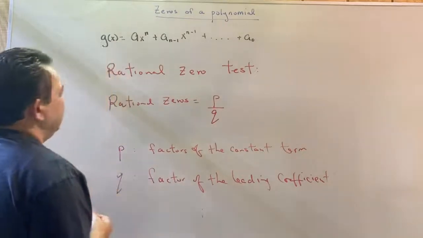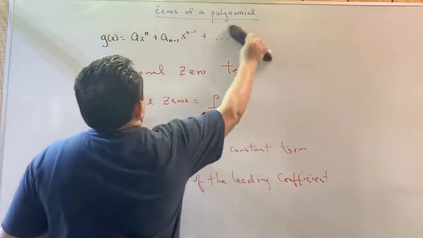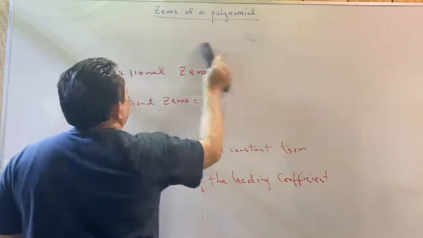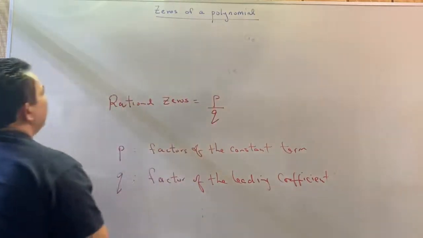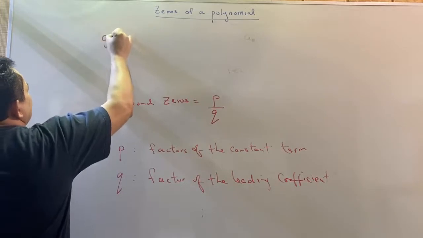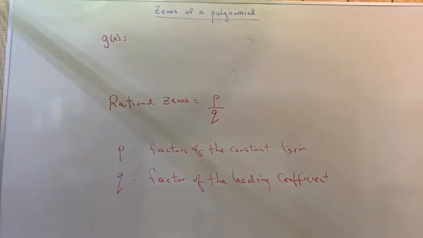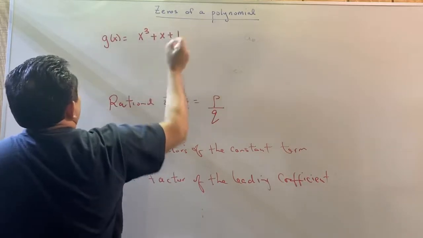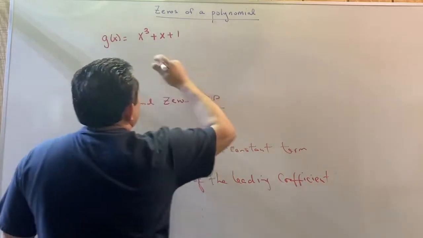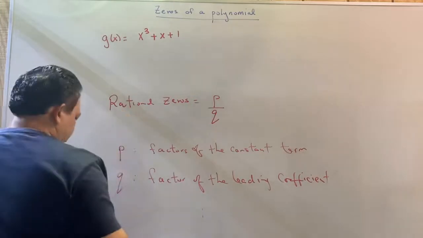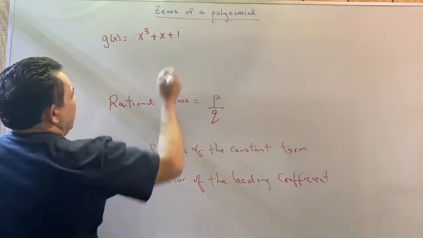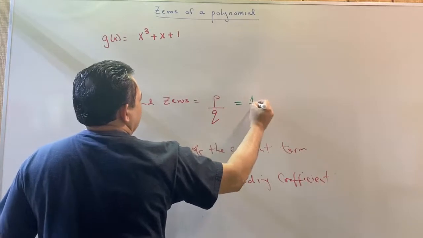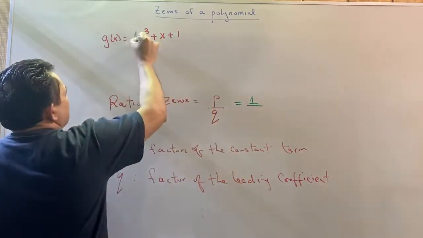What does that mean? Well, if we have a polynomial, g of x is equal to, let's look at one we have, x cubed plus x plus 1. So in this example, if we use the rational zero test, p is equivalent to 1 and q is also 1.